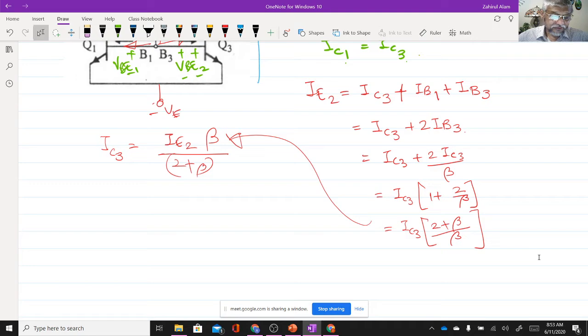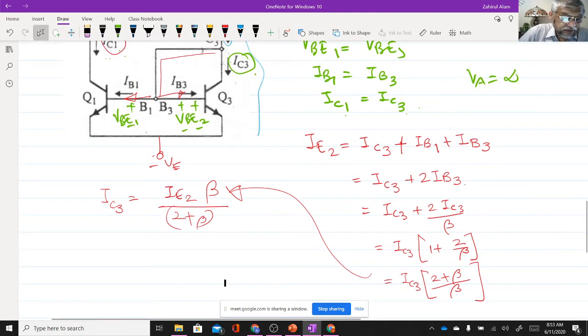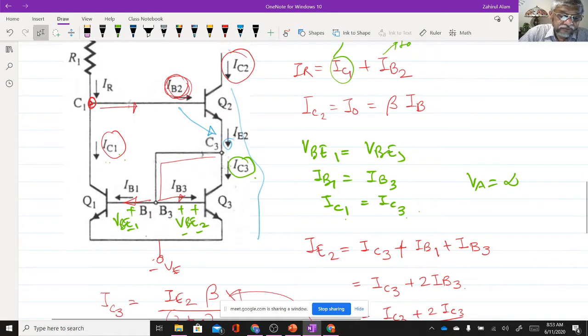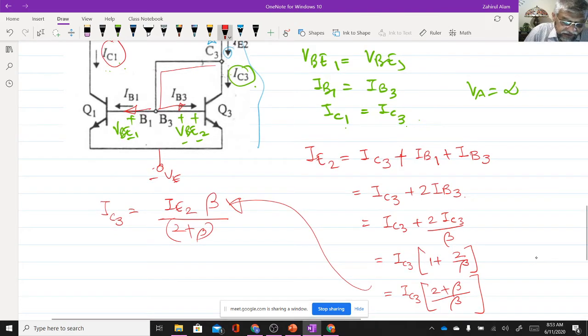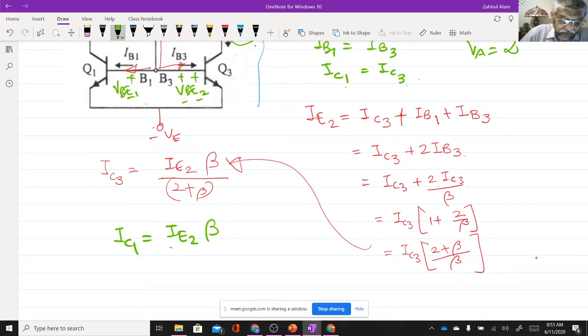So now from this relation we see IR is equal to IC1 plus IB2. So IC1, from this equation I can write IC1 equal to IE2 times beta over 2 plus beta.